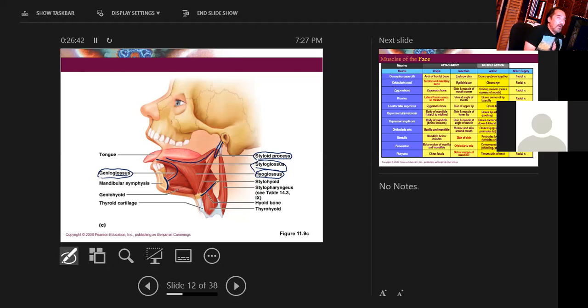Now, I need a nerve, okay? The nerve is coming out from the brain called cranial nerve 12. This is going to be the hypoglossal nerve, okay? So again, it has the last name called glossal, okay? But be careful because cranial nerve 9 is glossopharyngeal.